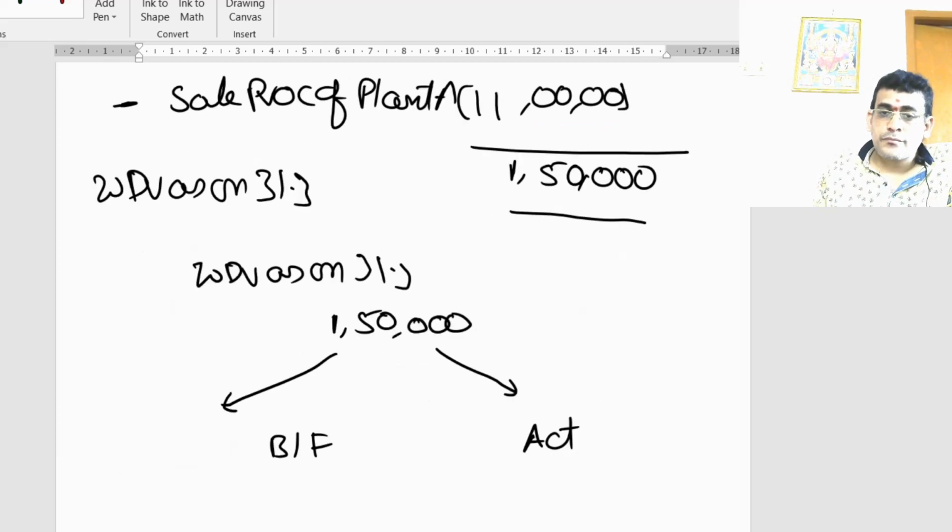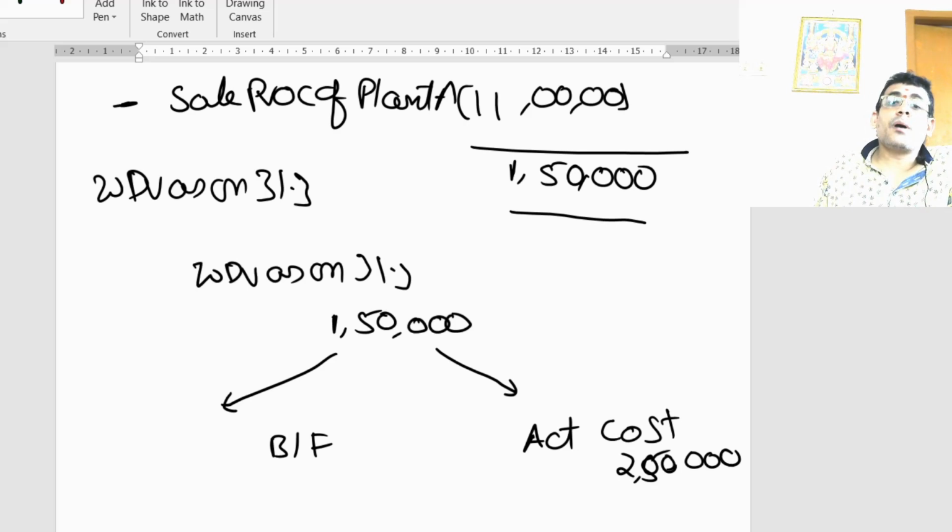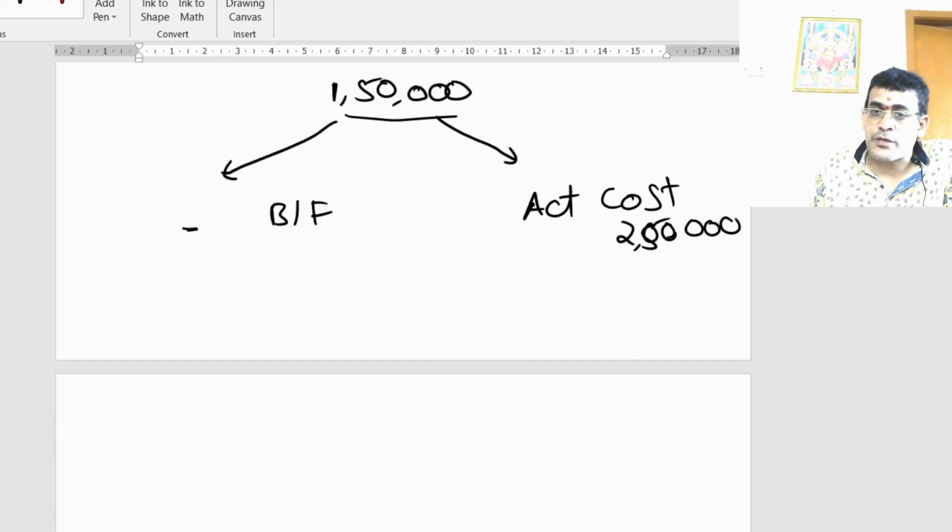Now what is my actual cost? My actual cost was 2 lakh 50,000. But in that case, if I consider here, do I have any balancing figure here? No, nil. My balancing figure is nil. So now let me explain this clearly in the next page.